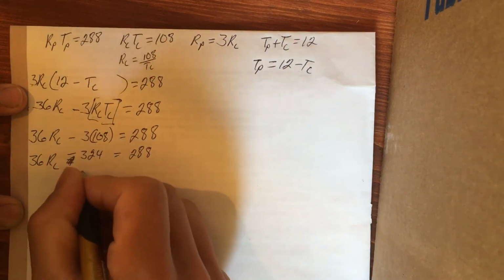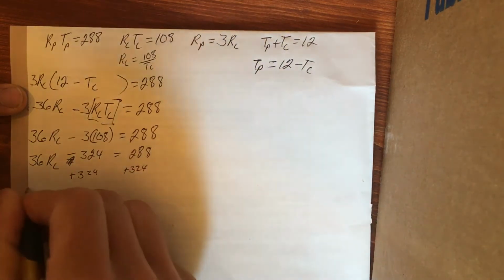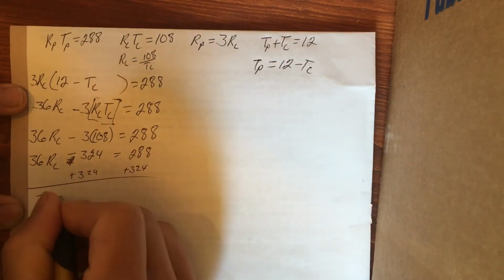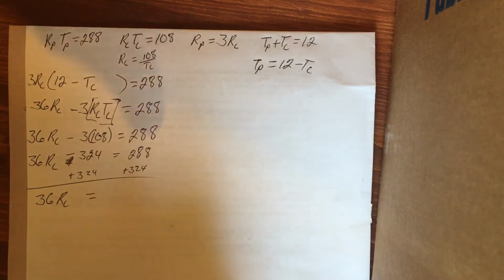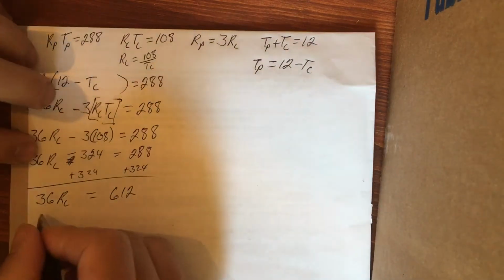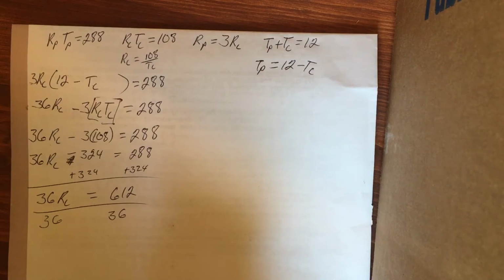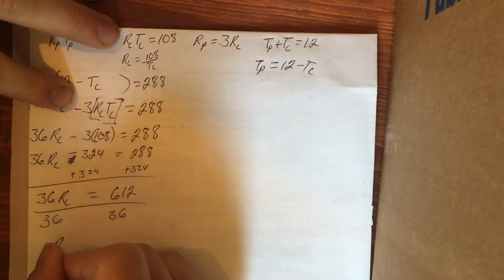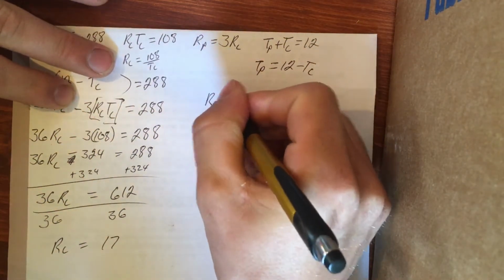Let's add 324 to both sides. 36RC equals 288 plus 324, which is 612. And then divide both sides by 36. 612 divided by 36 equals 17. RC equals 17.